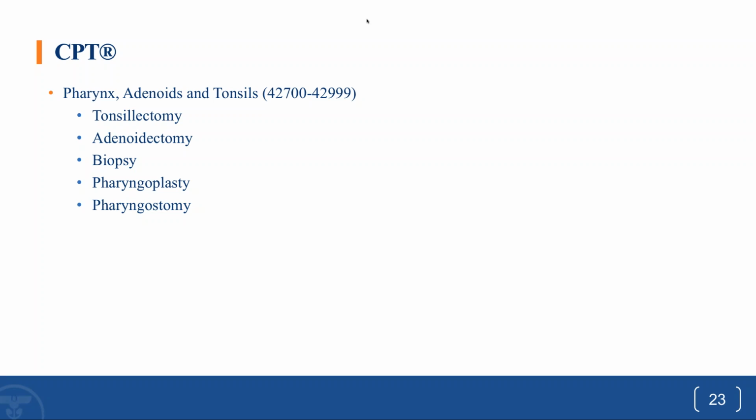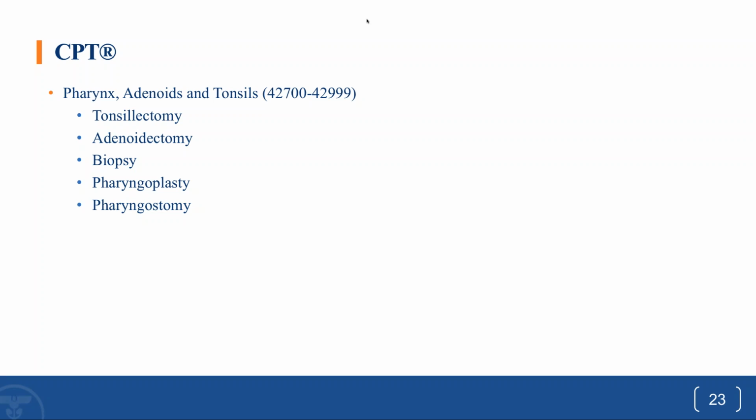Okay, so there is the scenario: a child that's 10 years old comes in for a tonsillectomy.